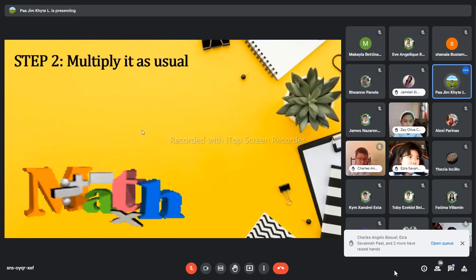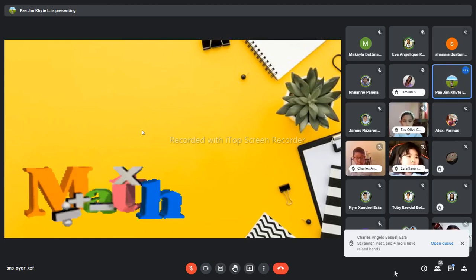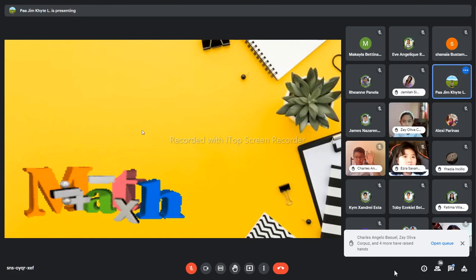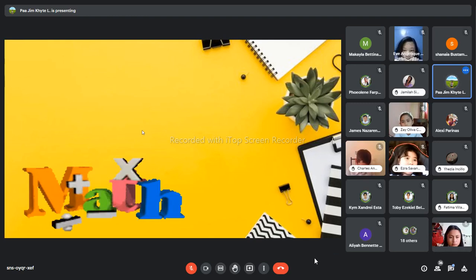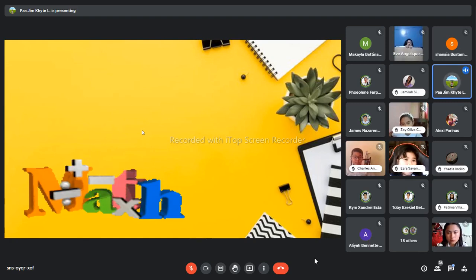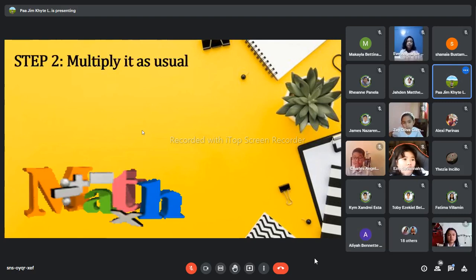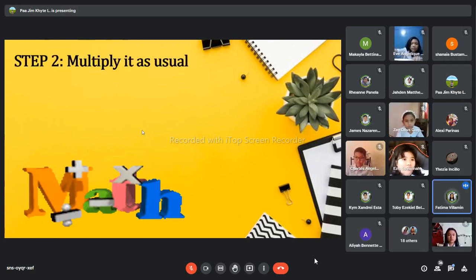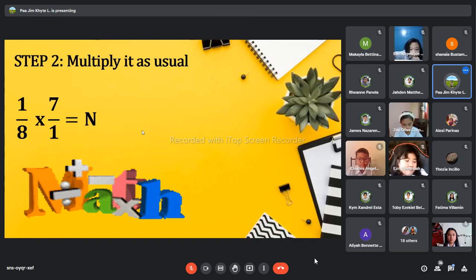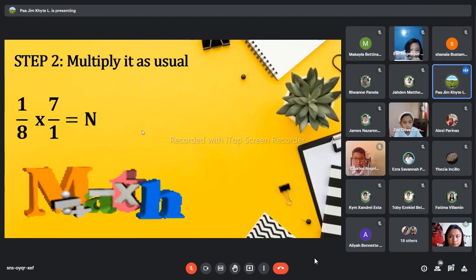What is our second step? Kindly read. Gian. Gian, are you there? Okay, kindly help Gian. Fatima. You multiply it as usual, ma'am. Thank you. Yes, since the whole number is now a fraction, we will just multiply it as usual, which is, we combine the numerators and the denominators.